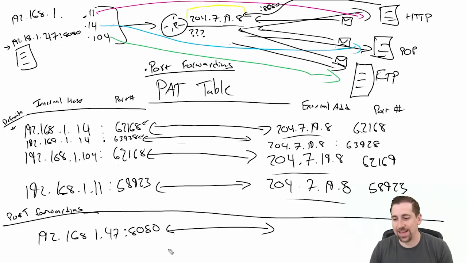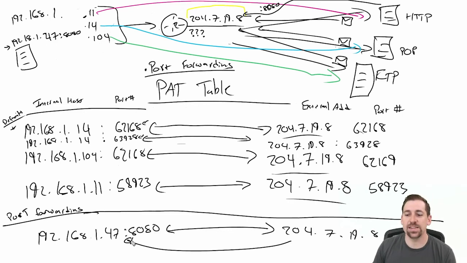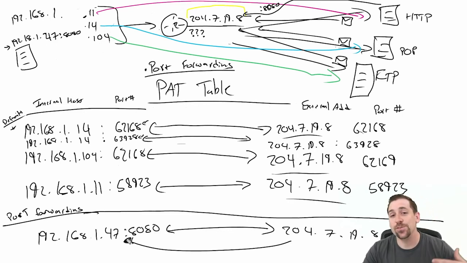You have to put this mapping in to 204.7.19.8:8080. So when I see now 8080, I forward it to this internal host. It just can't be built dynamically because there's no information for that router to pull.